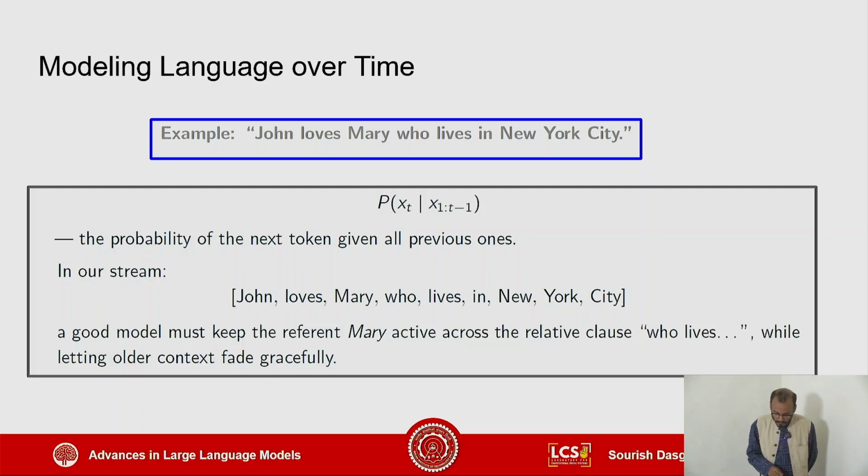So as an example, in this particular sequence, you see that Mary is both an object of loves, right? John being the subject, and also a subject of lives in. So it's an object of loves as well as a subject of lives in, right?